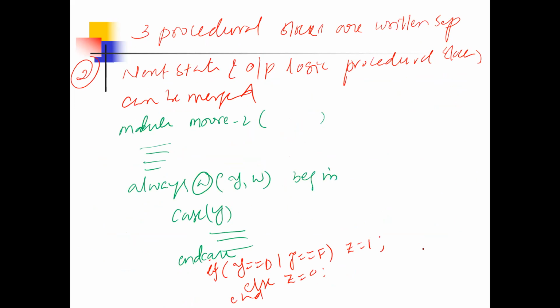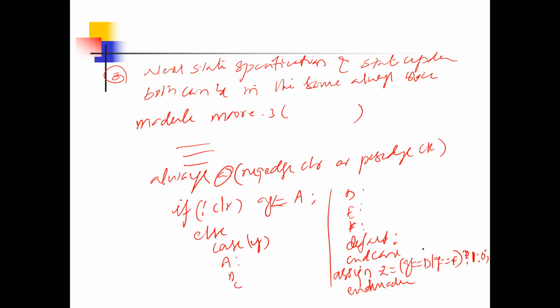In the second model, the next state and output logic are both combined in the same block. In the third one, the next state, state updation, and also the output logic are all kept in the same procedure block. These are the three different ways.